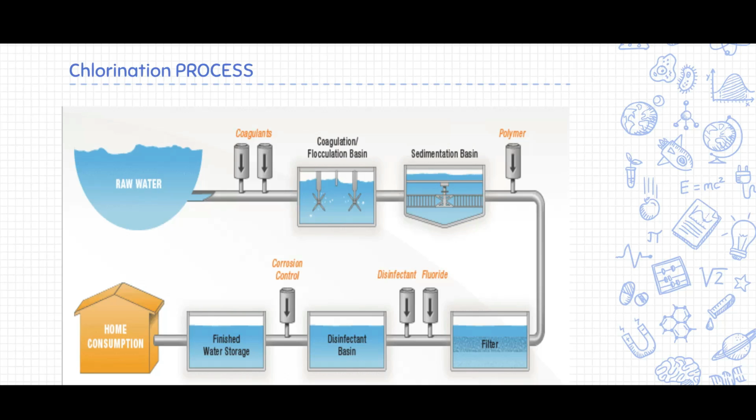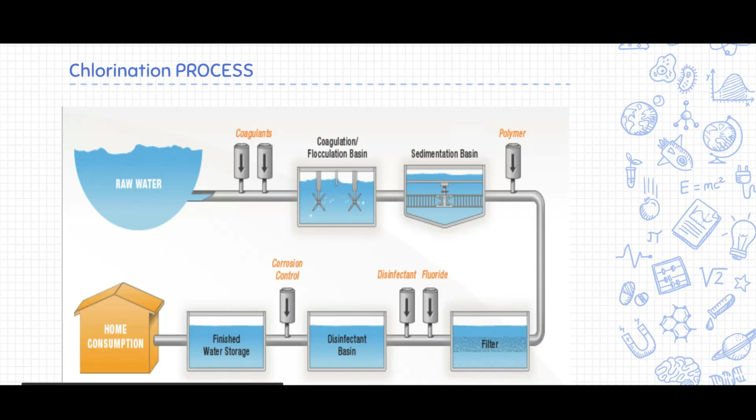The solids will be sent to the bottom of the sedimentation basin, which will then be processed further with extra polymers and filters. These filters can be ultrafiltration, nanofiltration, microfiltration, and reverse osmosis filters, which I will talk about in a later part of this video.